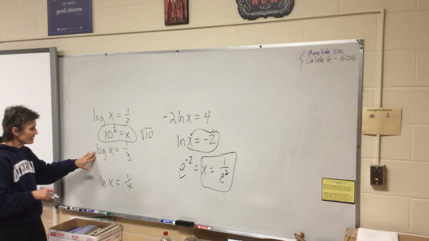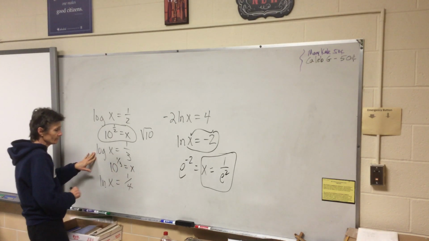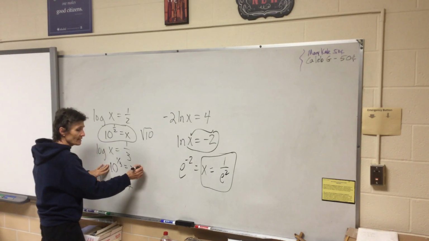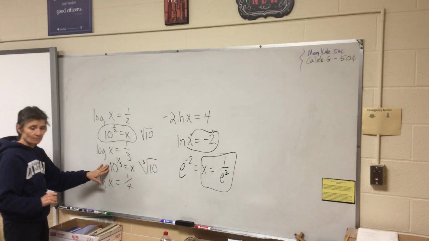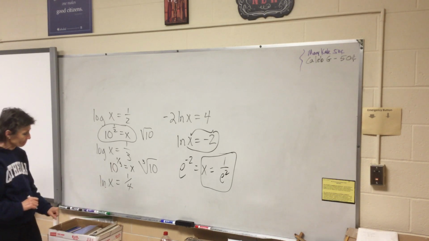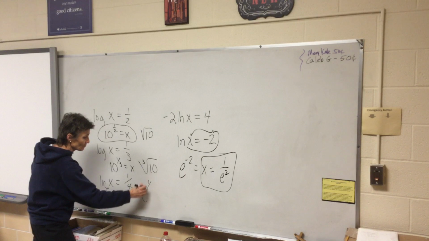So what's going to happen here? This one's going to be 10 to the 1/3, right? What's another way of writing 10 to the 1/3? The cube root of 10. This one's going to be e to the 1/4.